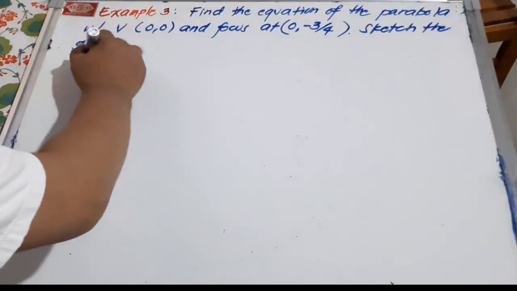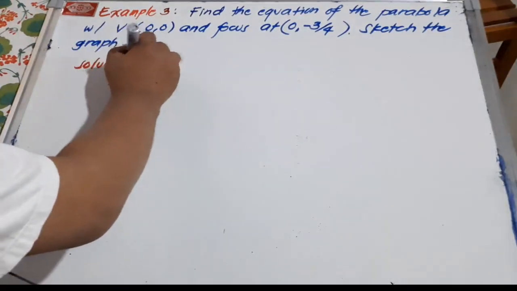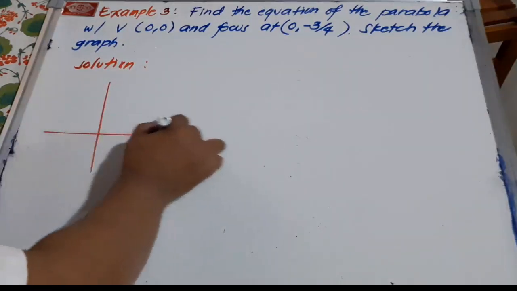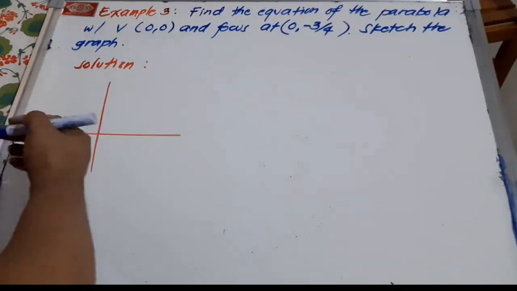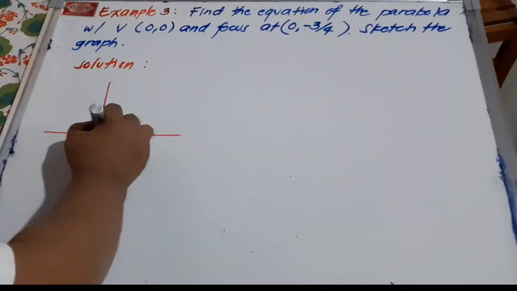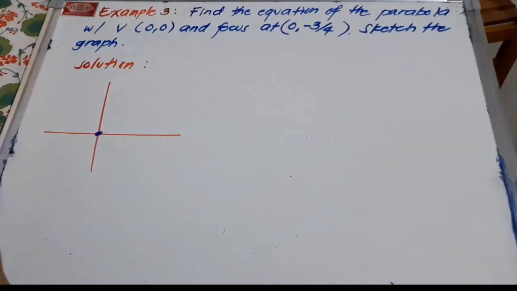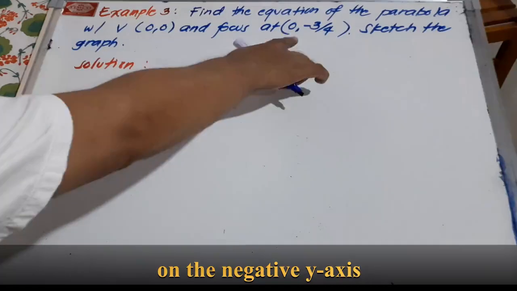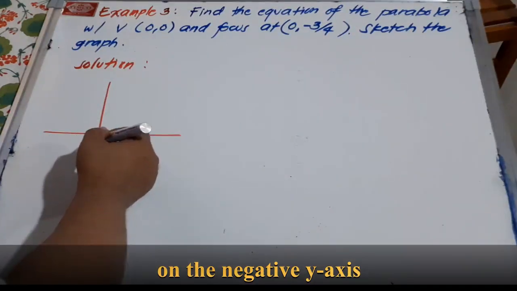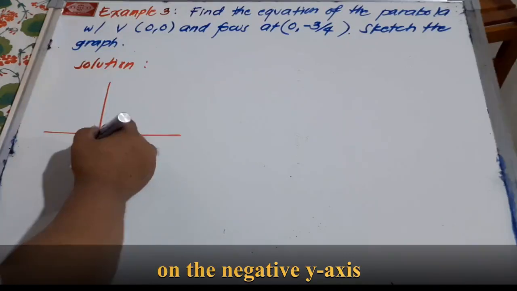Yung solution natin. So, we have 0, 0 na andito yung ating vertex. And then, focus is 0, negative 3/4. So, ito ay on the negative side of the y-axis.